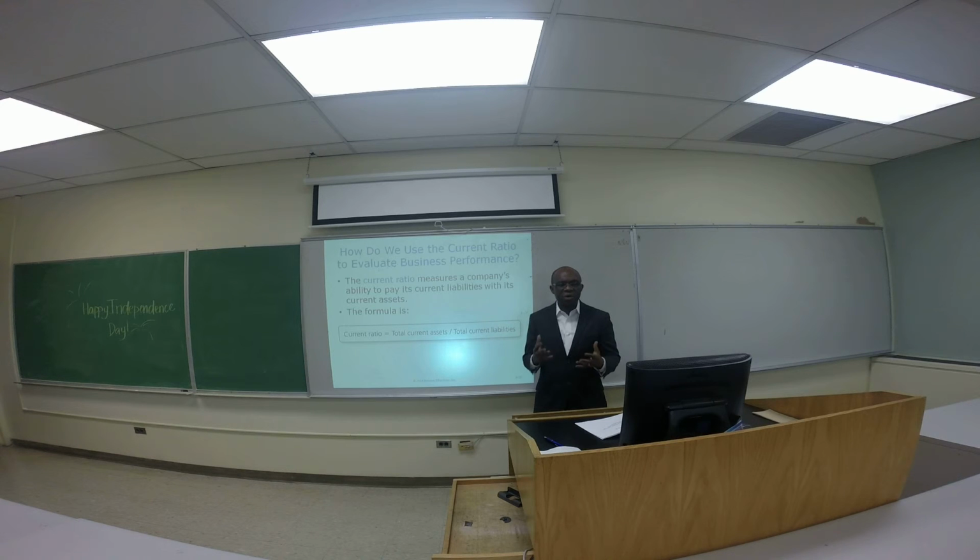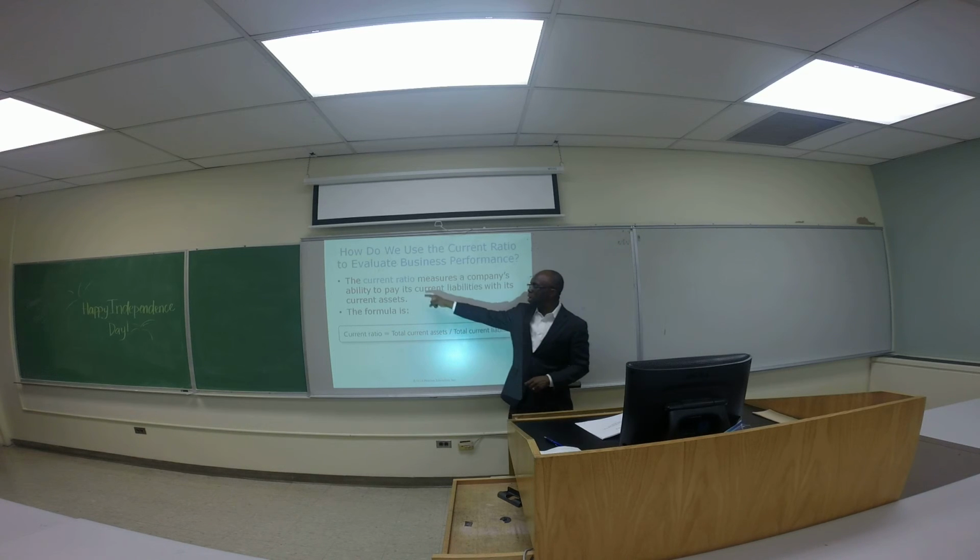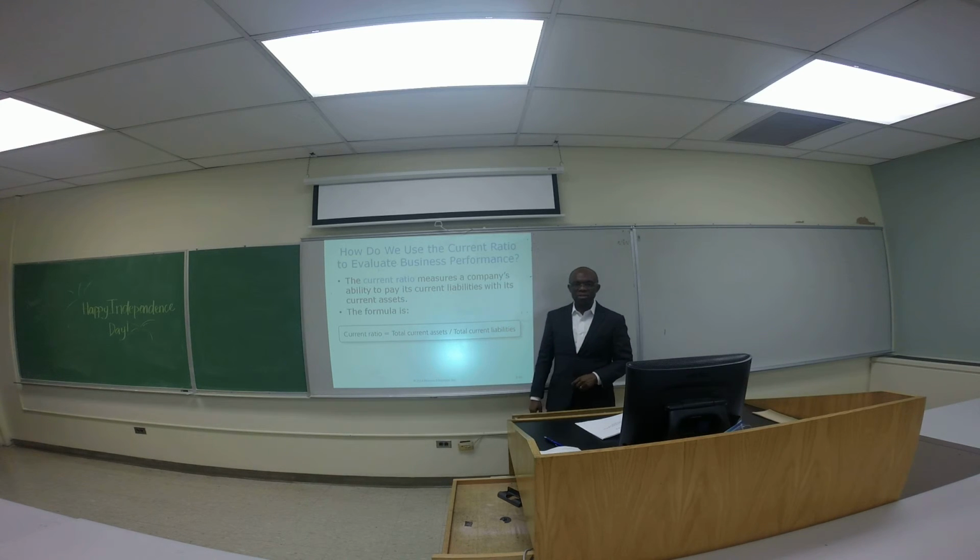And there are different ways of analyzing or determining what the numbers actually mean. One of the techniques is called ratio. A ratio simply establishes a relationship between 2 numbers. A very popular ratio that creditors use is what we call the current ratio.